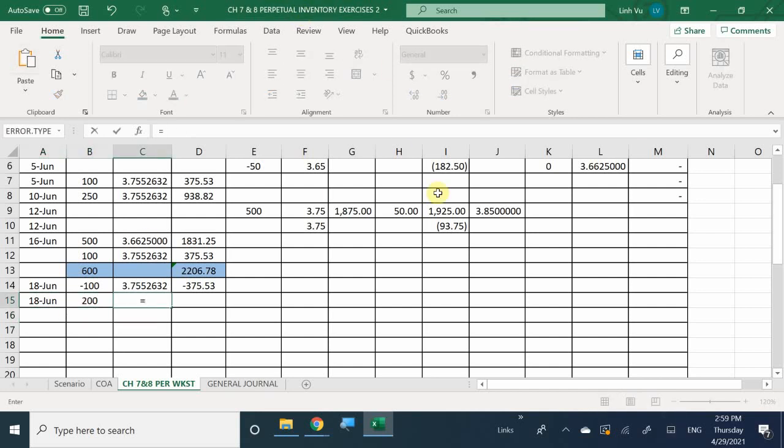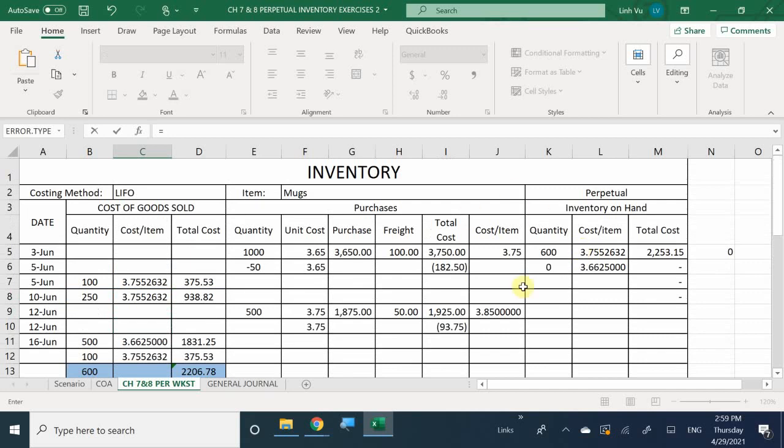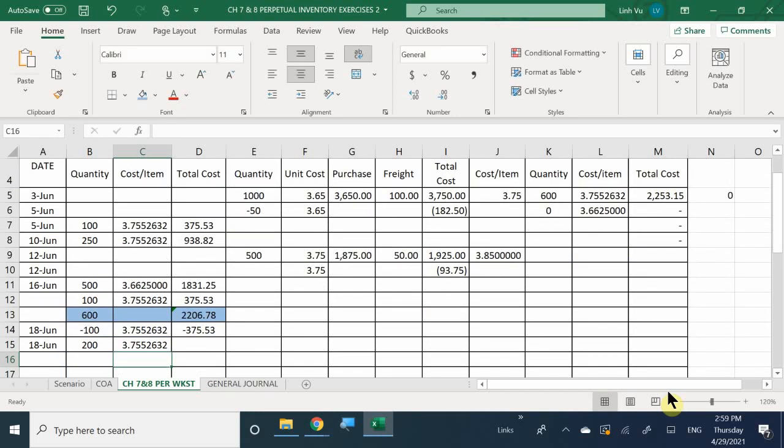What batches are available? Just batch 2. Just this batch. Just the very first batch that we started out with. So in this case, it's going to cost me $3.75526 each.